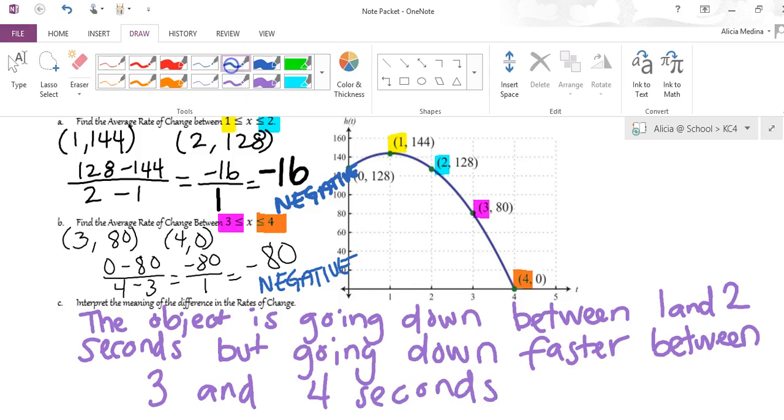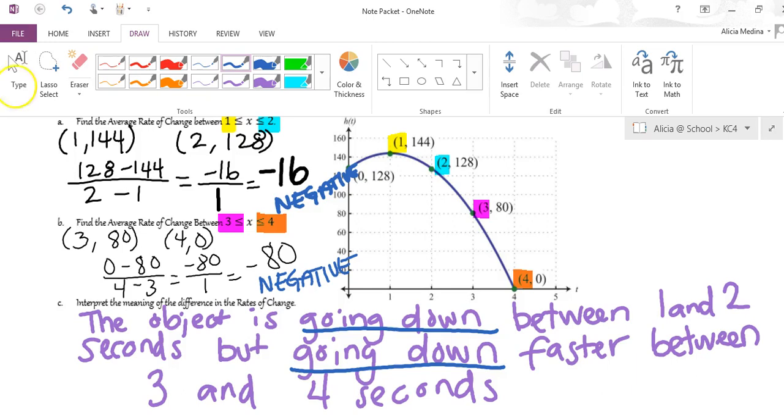We know that it's negative because that's what we got in our answer. So that's telling us it's going down, right? It's going down because they were both negative. We know it's going faster between 3 and 4 because that is a more negative number. So that's why we use the word faster, because it's going faster down between those points.